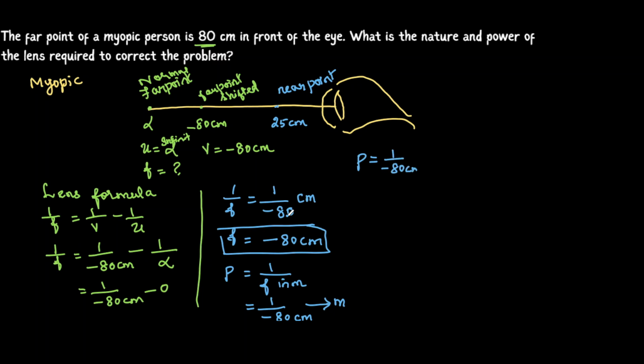Minus 80 centimeter, when we multiply by 100, it will become meter. So when you are cancelling, 4 twos are 8, 5 twos are 10. So P is equal to minus 5 by 4.